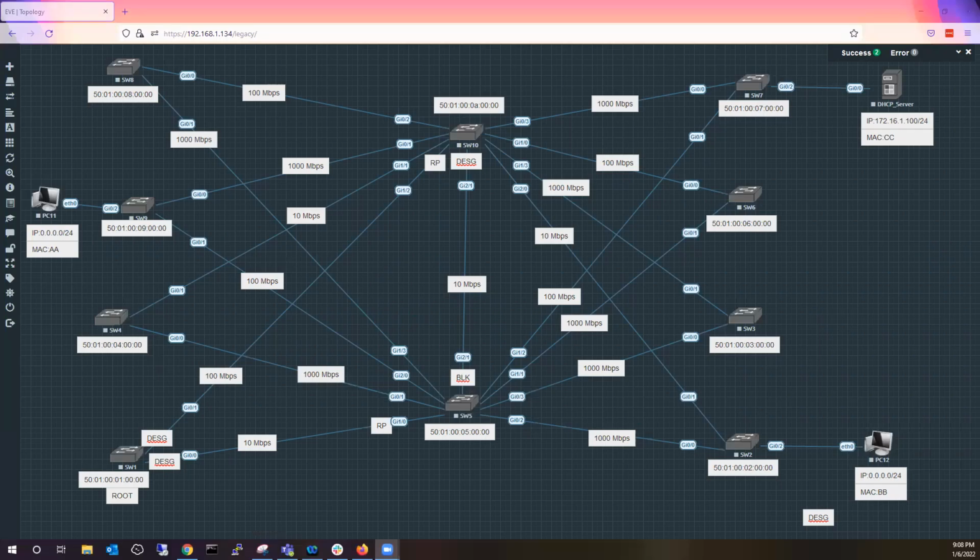Just remember, and if you can, Dave, pull your topology back up for those 3 switches we just did. So you got switch 1, switch 10, and switch 5.